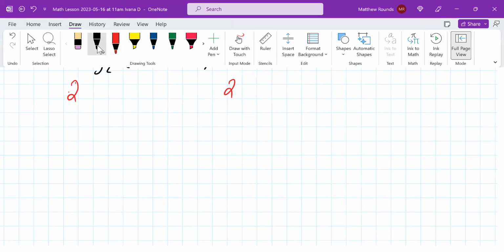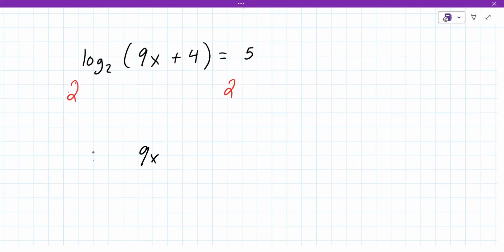All right. So on the left, it undoes the log completely. 9. And then go ahead and solve this the way you did the previous one. You're going to undo the plus 4, and then you're going to do the 9.